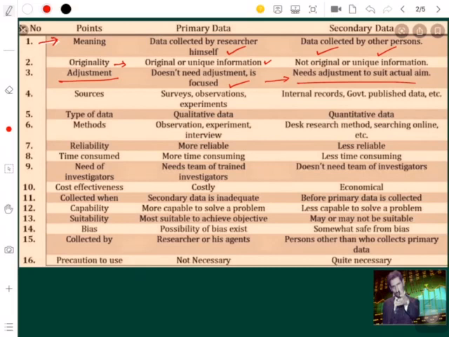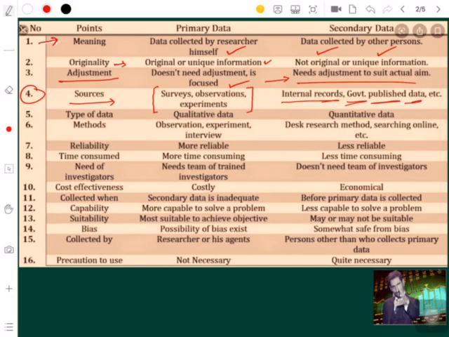On the basis of sources, point number 4: for primary, surveys, observations, and experiments, which an investigator or researcher does himself. For secondary, the sources are certain records, maybe internal records, government records, published data, or maybe unpublished data sometimes.